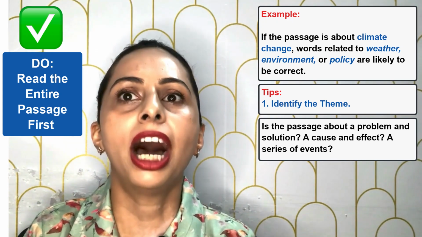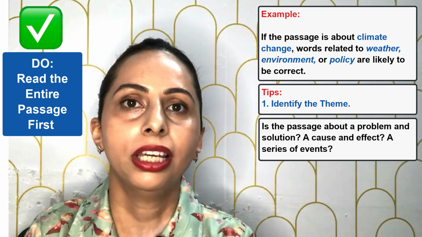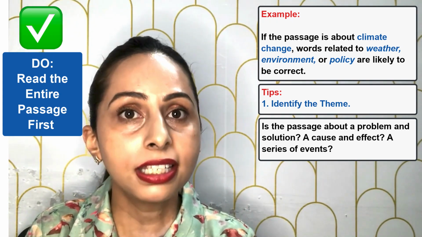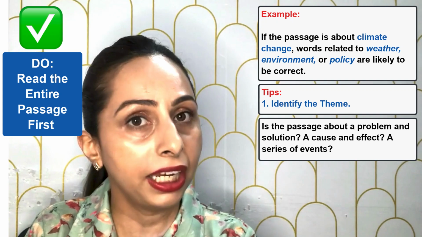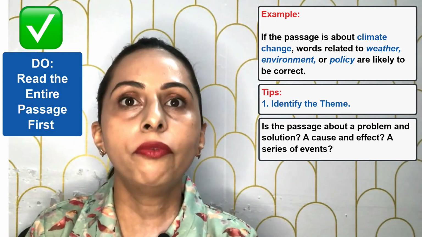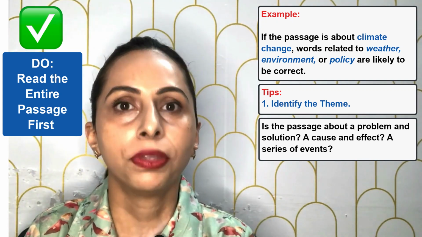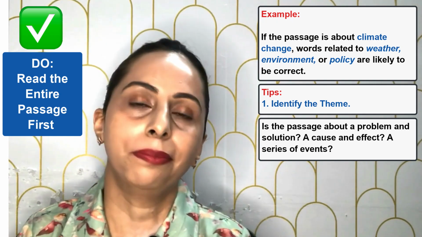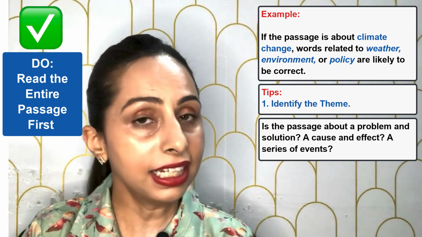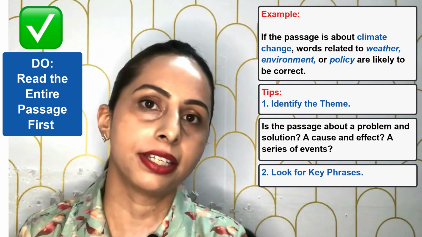Just observe how sentences are connected. Do they describe a process, compare ideas, or explain a concept? The theme will align with this structure. Look for general statements.